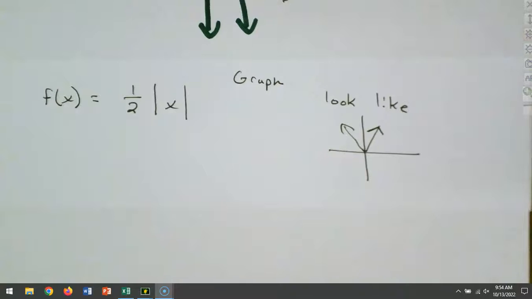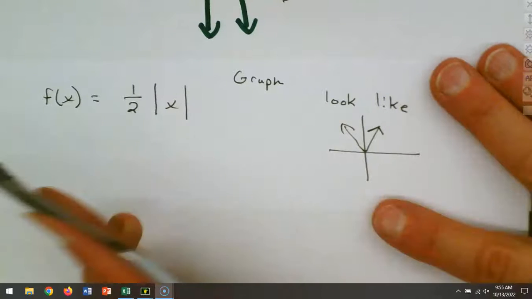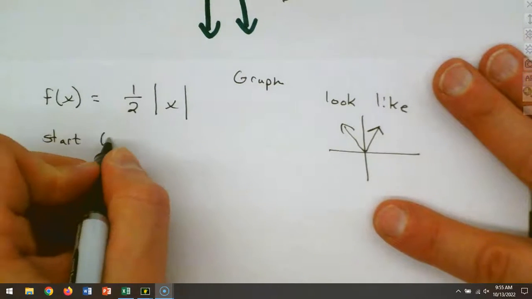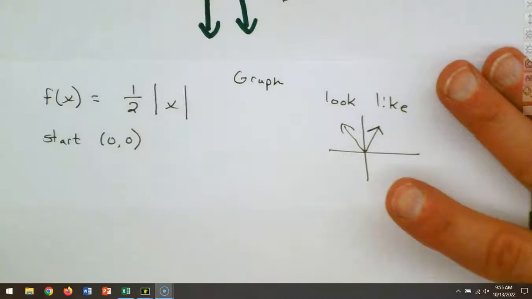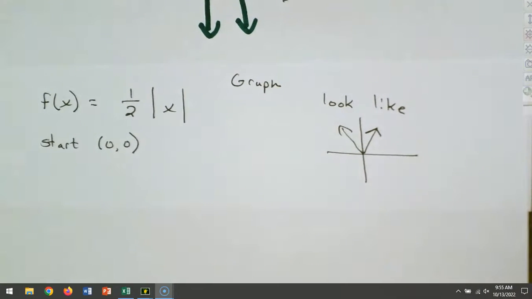Okay? It might be moved over, moved up, moved down. What about this one? Is there a number on the end? Back here? No. So where are we going to start at? In this case, we're going to start at 0, 0. So that's where we're going to begin with our V.